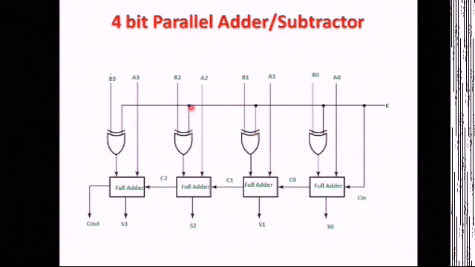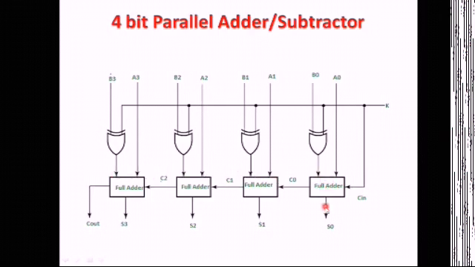Similarly, it is connected to the third XOR gate, and the other input is B2. Again, this K is connected to the last XOR gate, and the other input is B3. Now see, in this full adder, one input is A0, and the output of the XOR gate is the other input of the full adder. This holds for all the full adders.